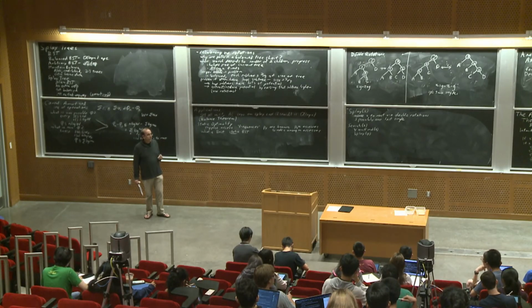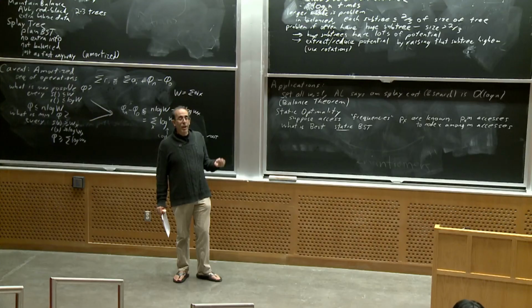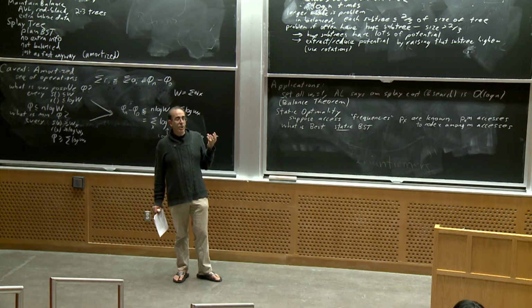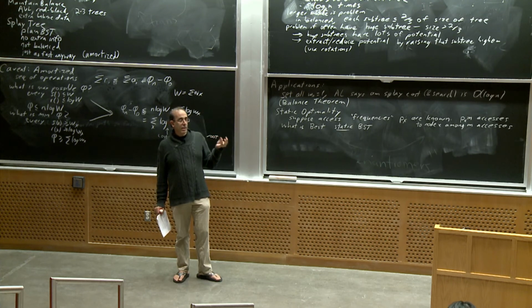Yeah. You should put the ones that you have to access a lot near the top. Exactly, right? More popular items should go to the top of the tree because then the search for them will be short. In the extreme case, if there's only one item that's ever accessed, you put it at the root and you access it in constant time.